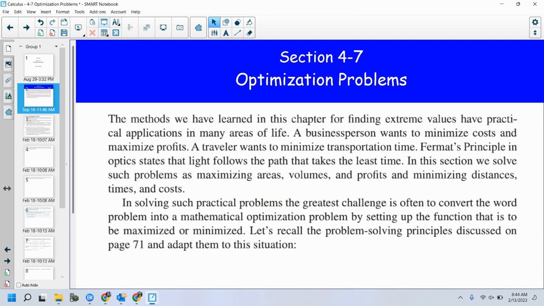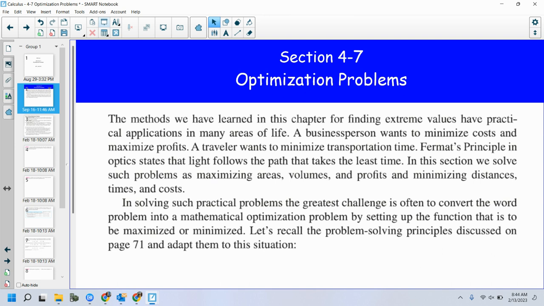Fermat's principle in optics states that light follows the path that takes the least amount of time. In this section, we solve problems such as maximizing areas, volumes, and profits, and minimizing distances, time, and costs. Find the smallest or biggest amount of things.